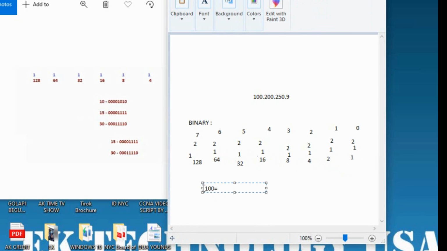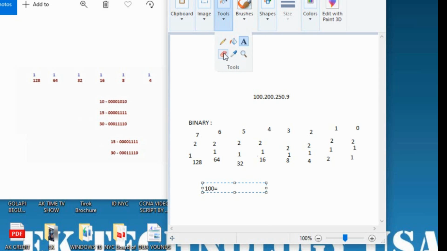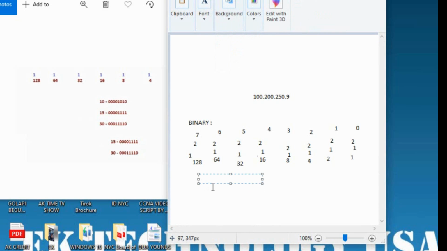All right, now let's go to 100. I'll erase a little because I'm going to put it in one row. How are you going to get the binary of 100?